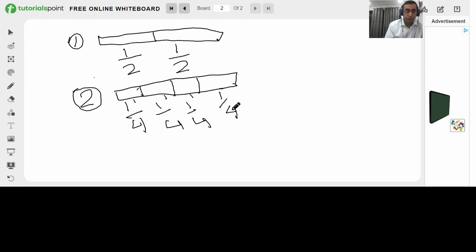Then we can write this 1/2 is equal to 2 times 1/4, that is, 1/4 plus 1/4.